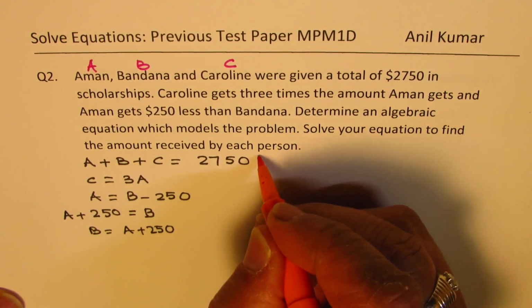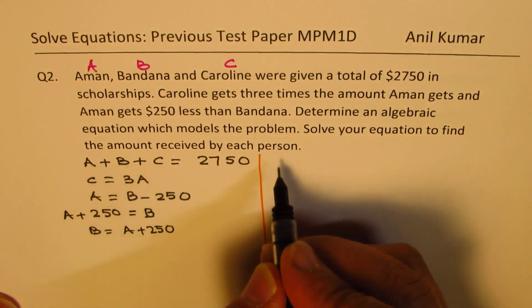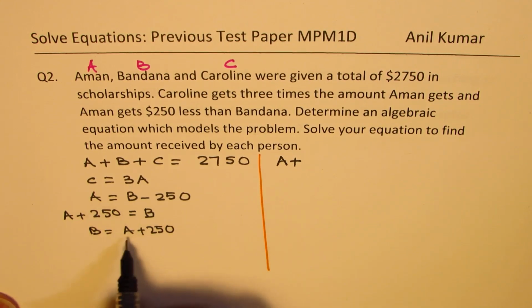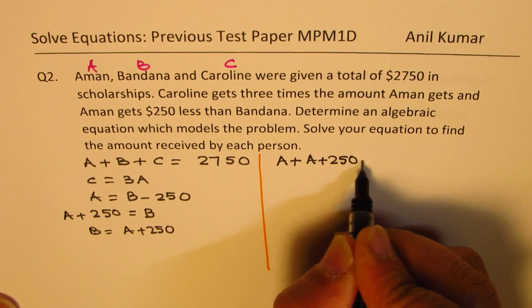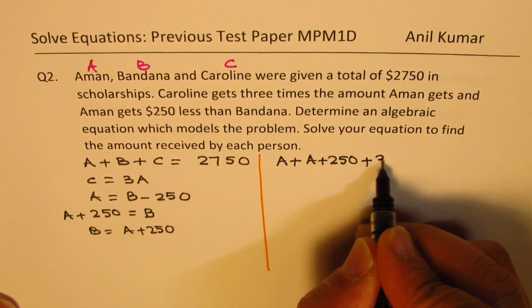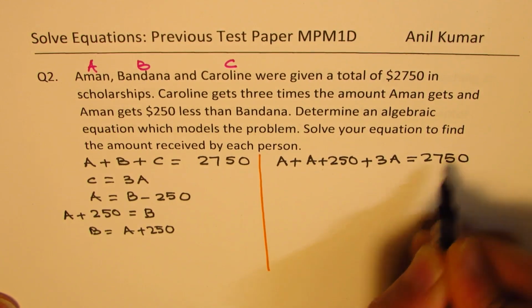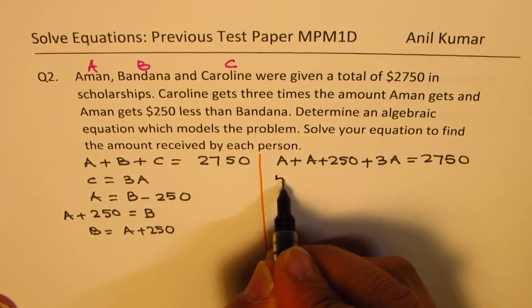So now we'll rewrite our equation. We can say A plus B plus C, where B is A plus 250 plus C, which is 3A, is equal to 2750. Okay? So A and 3A makes it 5A.